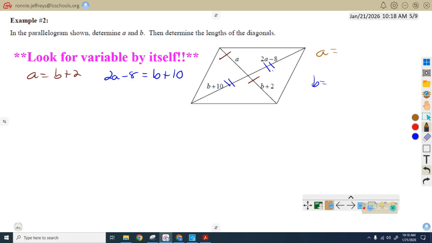Okay. So, I'm looking for the variable by itself. Here it is. It says A is this.